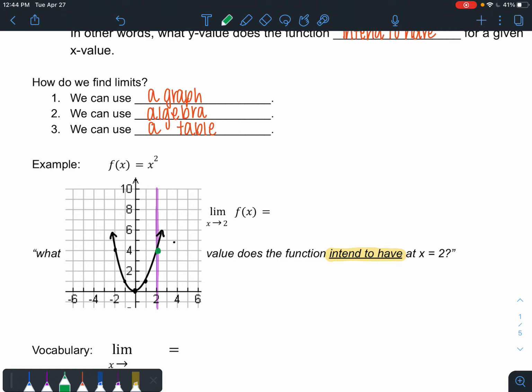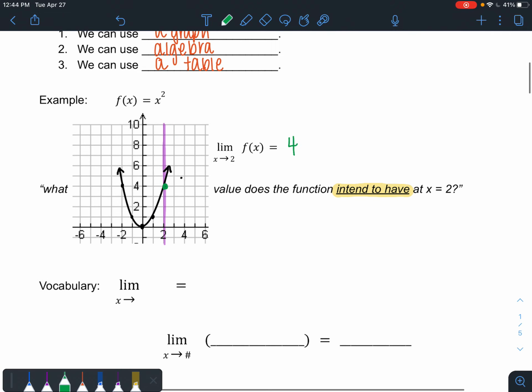That point is just 4. So this is 4, because f of x equals x squared. So we can write this as the limit as x approaches 2 of x squared equals 4.